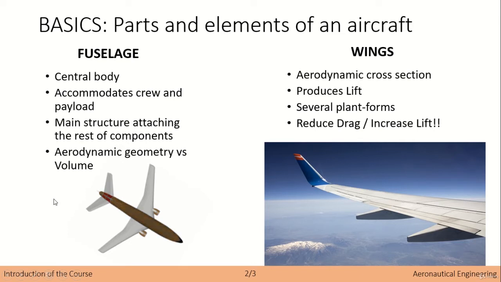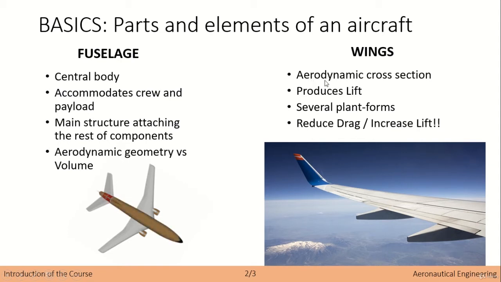Also, you have to choose an aerodynamic geometry, and of course a smaller fuselage would be better, because if we have a bigger fuselage, we have more drag, more impact on the aircraft, so a smaller geometry would be the best. However, we also need some volume. We need to cover some seats, we need to cover some cargo. So it is a balance between aerodynamic geometry and volume of the fuselage.